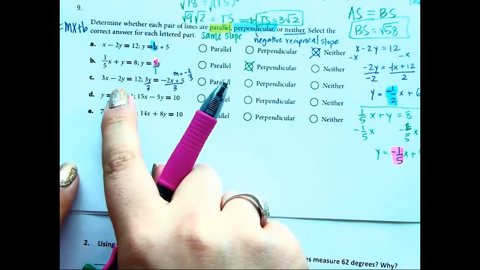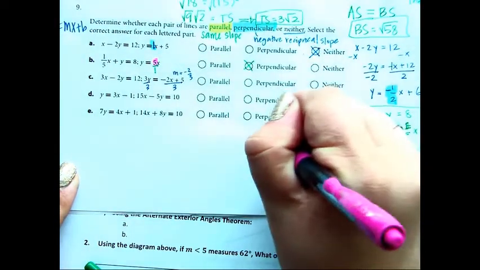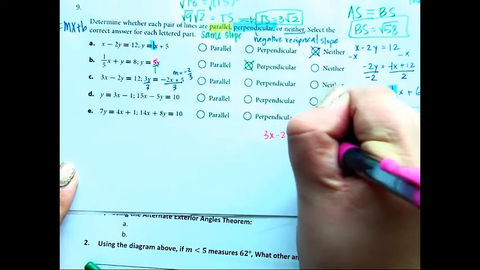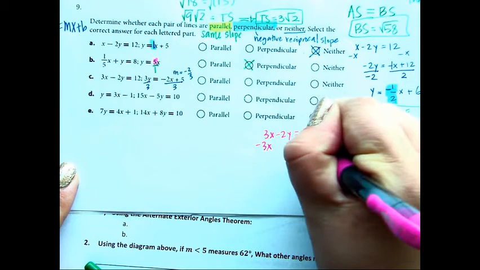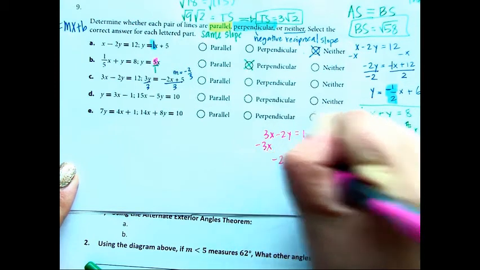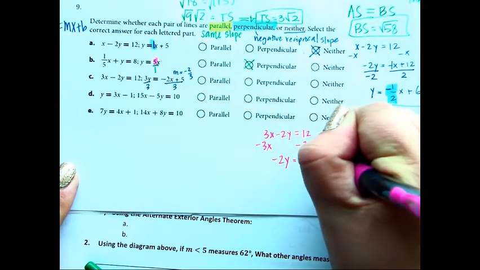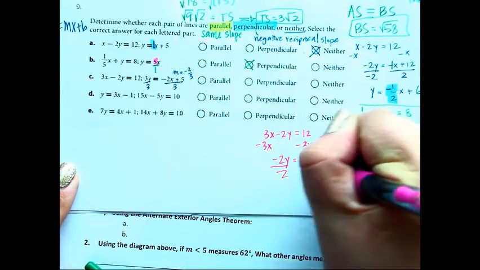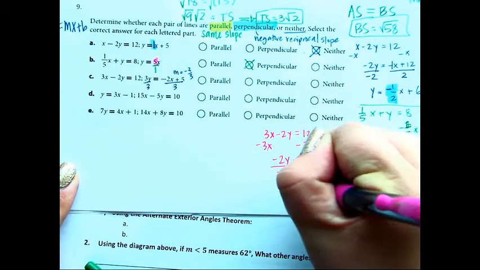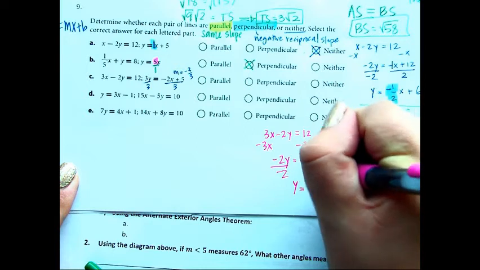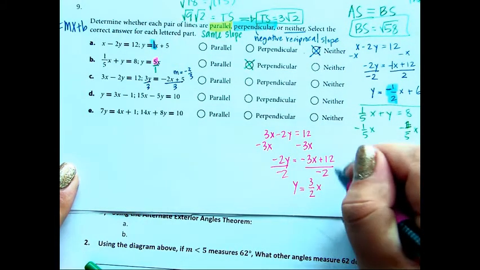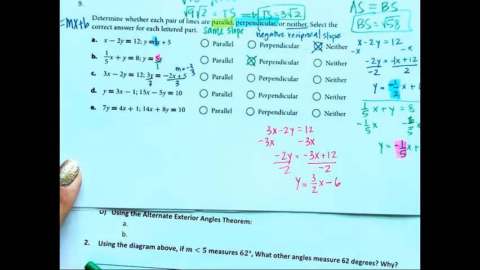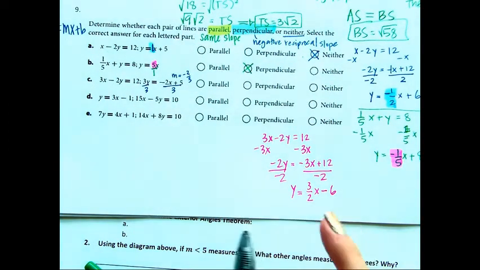So I'm going to take this equation, 3x minus 2y equals 12, and I'm going to solve for y now. So I'm going to subtract 3x from both sides, negative 2y equals negative 3x plus 12, and divide negative 2 to both sides. We end up with y equals, a negative divided by a negative is a positive, so this is 3/2 x. I don't really care about the y-intercept, but just for giggles there, it's minus 6.